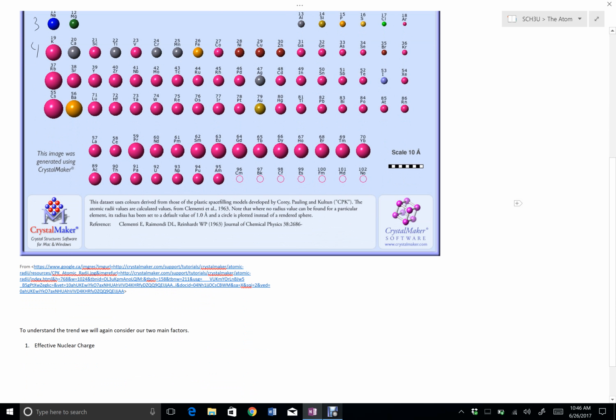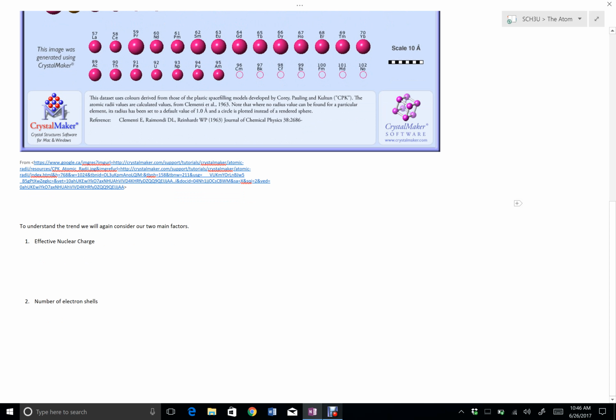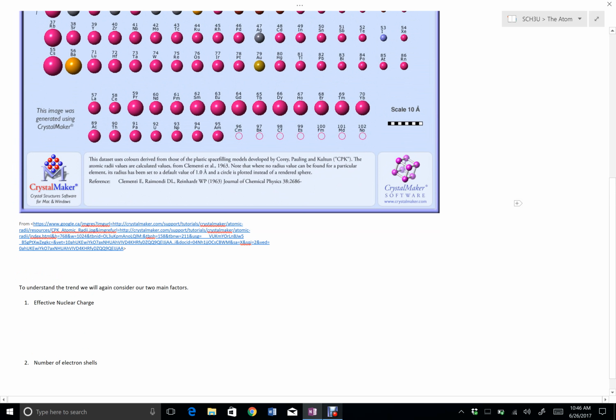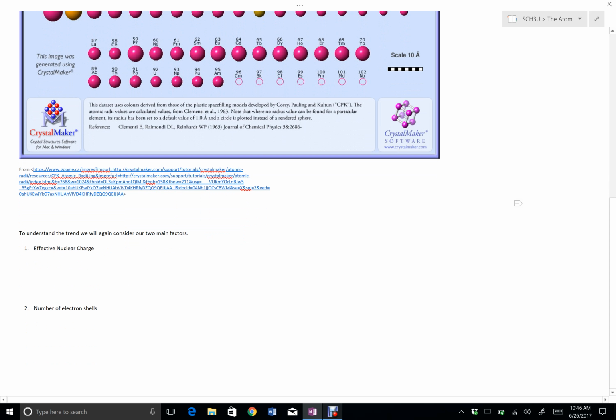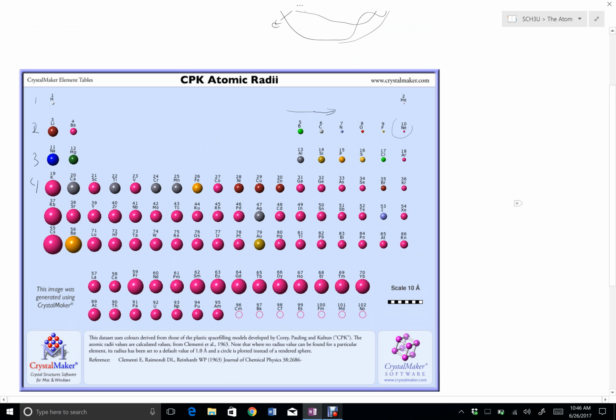This trend occurs for two basic reasons. One, the number of electron shells, and two, the effective nuclear charge. So for the effective nuclear charge, from our trends, we know that this has an effective nuclear charge of +1. This row has +2, all the way across until we hit +3, +4, +5, +6, +7, and +8.